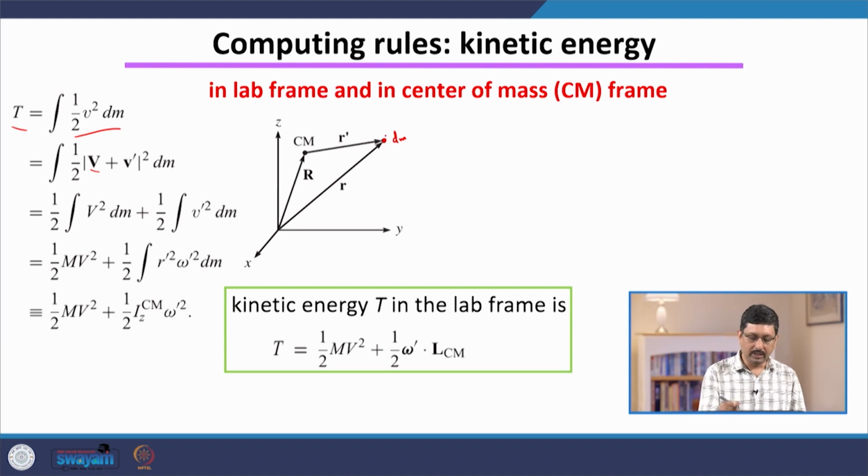Now, this v has two pieces. So, r from this picture is r plus r prime.